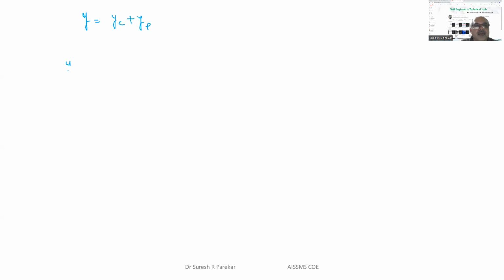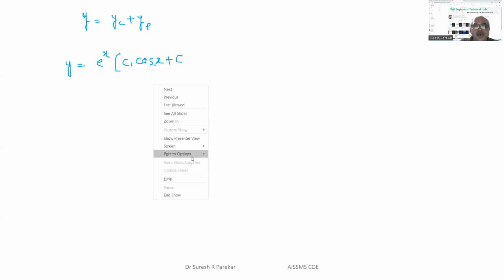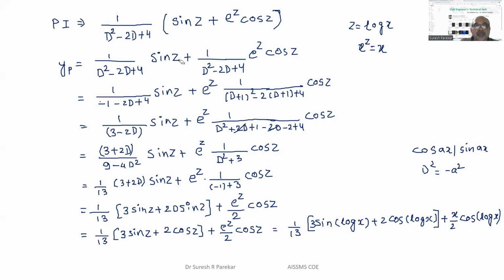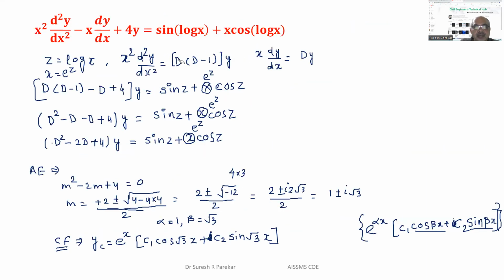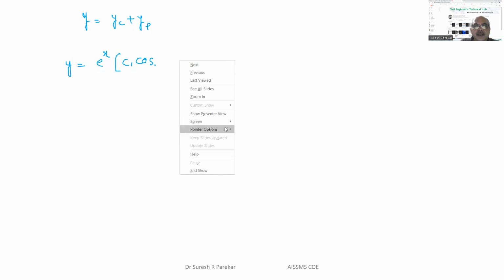So y equals e to the power x, c1 cos, here alpha is 1 and beta is root 3, so cos root 3x plus c2 sin root 3x.